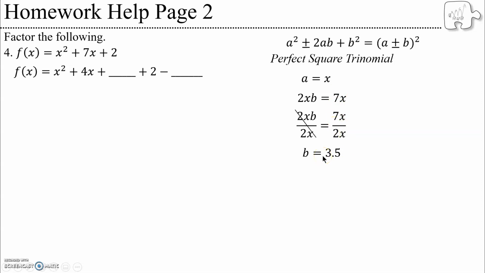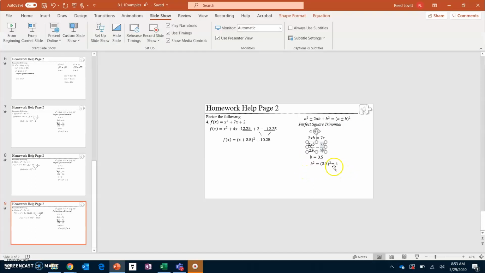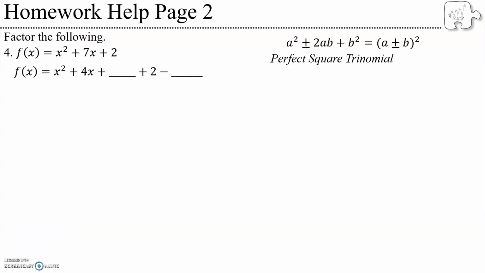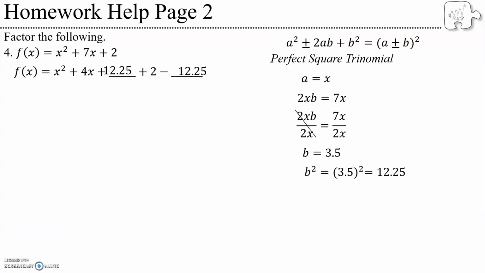Now if you get a decimal, you square that decimal. b is 3.5, so b squared is 3.5 squared. Whenever you square a decimal, you always get a longer decimal. So now it's 12.25. We're going to add 12.25, then subtract 12.25.